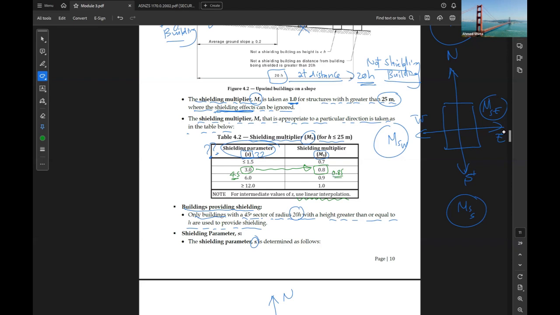Do you know how to do interpolation? Yeah, but it's not fun. Yeah, it takes time, but if it is close to one value, you can take this value. If it is close to the middle, for example S equal to 4.5, you can take the average, like 0.8 plus 0.9 over 2, so it will be 0.85.